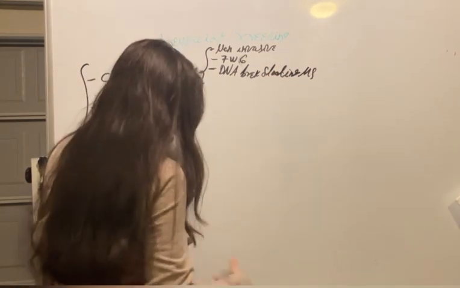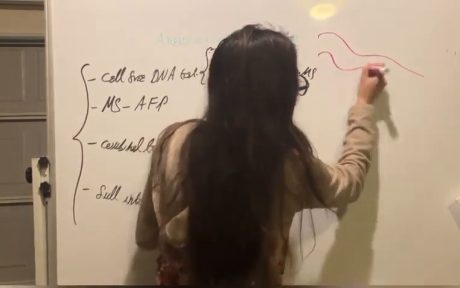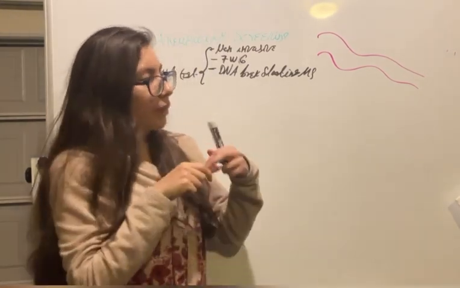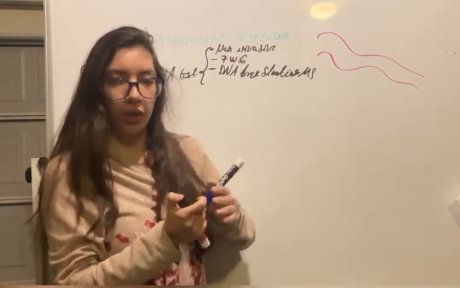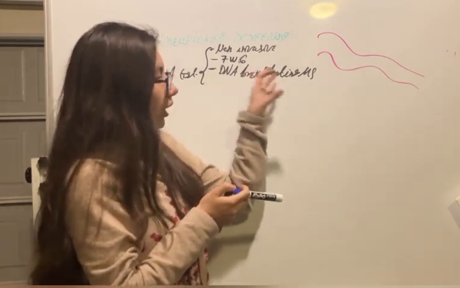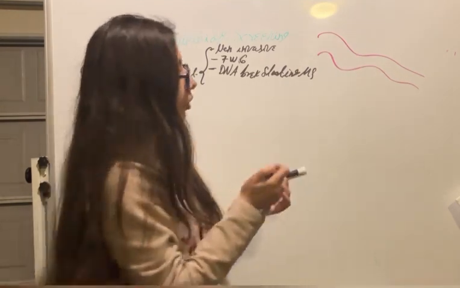So let's say here is the blood of the mother, and several times during pregnancy there could be a mixture of fetal cells going into the bloodstream of the mother.